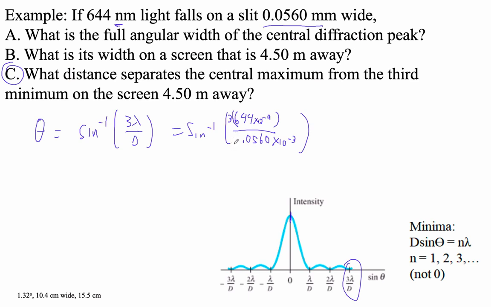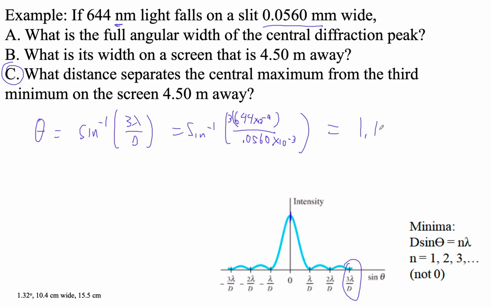All right, inverse sine of 3 times 644 divided by 0.056 e minus 3. And that is, wow, it's a big angle.